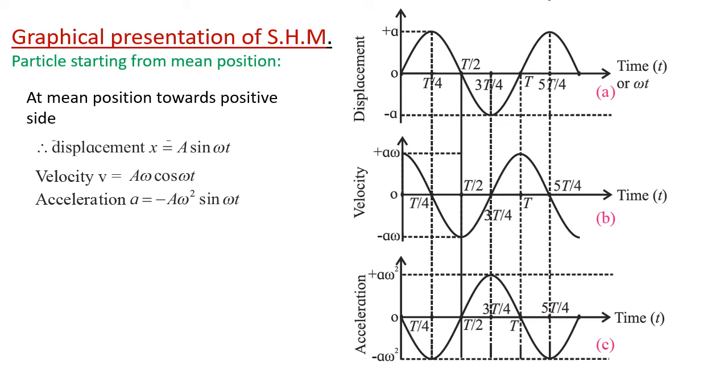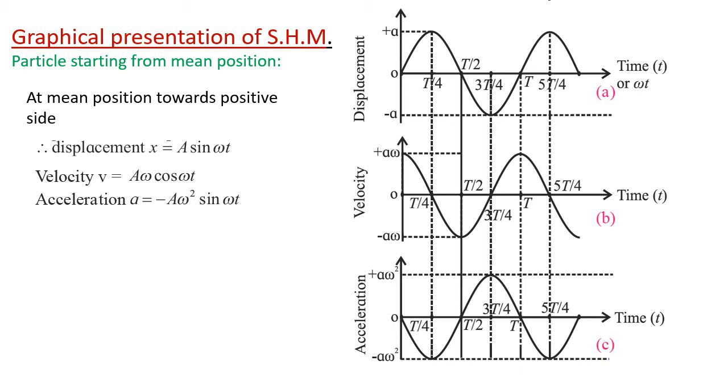Now, the displacement time curve, that is the first diagram A. So the displacement time curve and acceleration time curve, these two are sine curves, and diagram B, which indicates the velocity time curve, is a cosine curve or cosine function. Again, if you look at these two diagrams, you can see that there is a phase difference of pi by 2 radian between displacement and velocity.